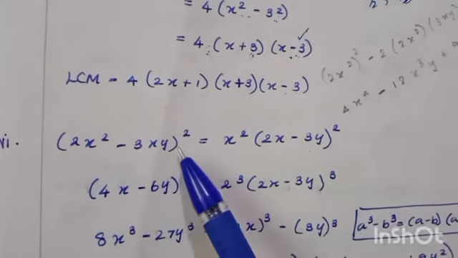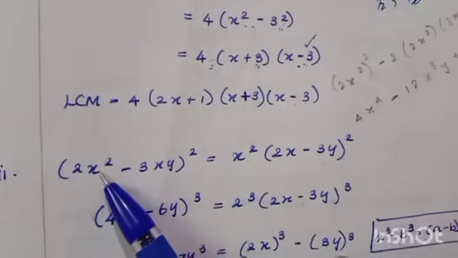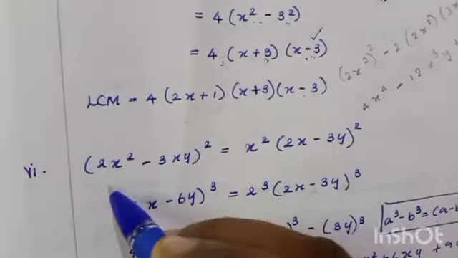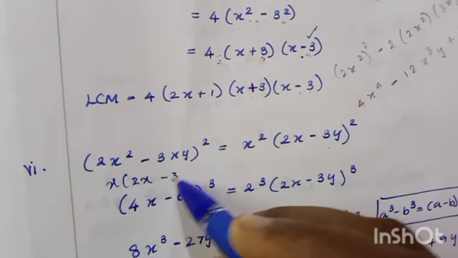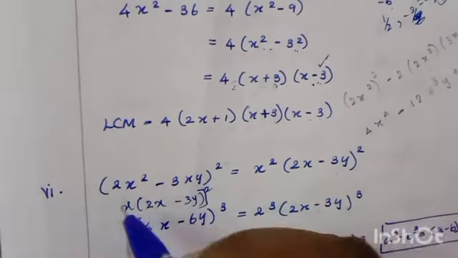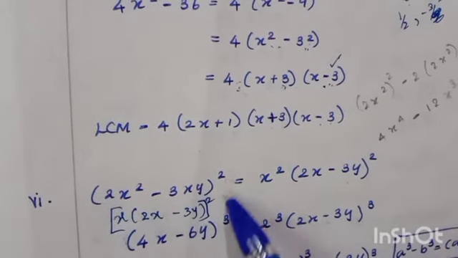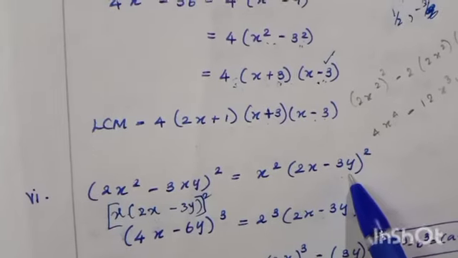Here x is common, you have to take it outside. For x taken outside, the remaining is 2x minus 3y whole square. Here 3y square is common for these 3. Now apply the square: it is x square into 2x minus 3y whole square. You want to check whether any identities are possible.